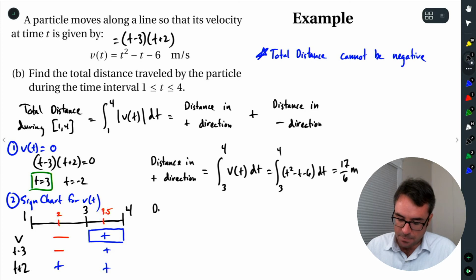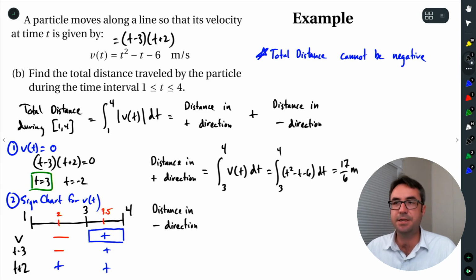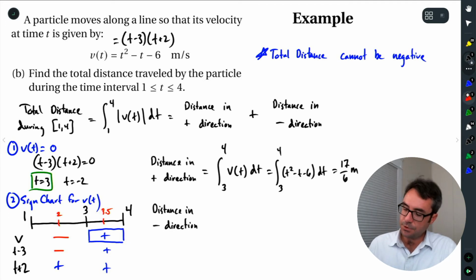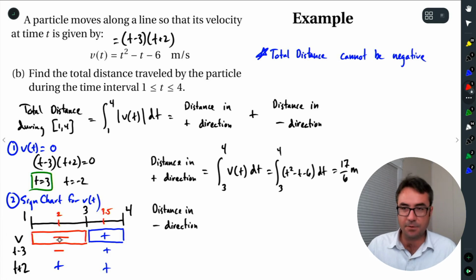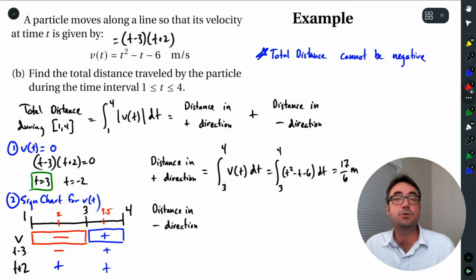All right, so now where things get a little bit more involved, not too bad, is when we want to calculate the distance that we travel going in the negative direction. So we go to our sign chart, and we see that from 1 to 3, that's where our velocity is negative. So on this interval from 1 to 3, we're traveling in the negative direction.